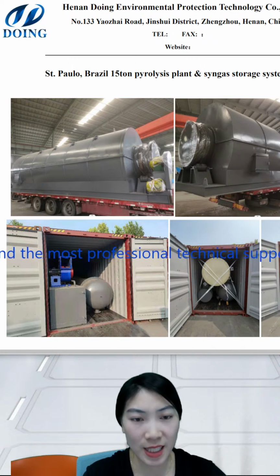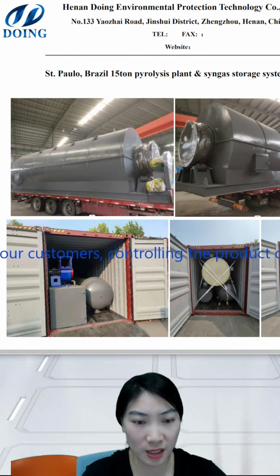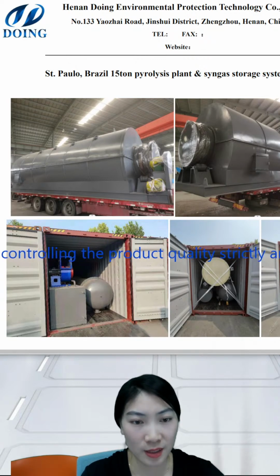But actually, in our factory, if you place the order, then firstly, after we receive the deposit, we will make the list to our financial department and to the engineer department. The engineer will check the order details to make a plan.